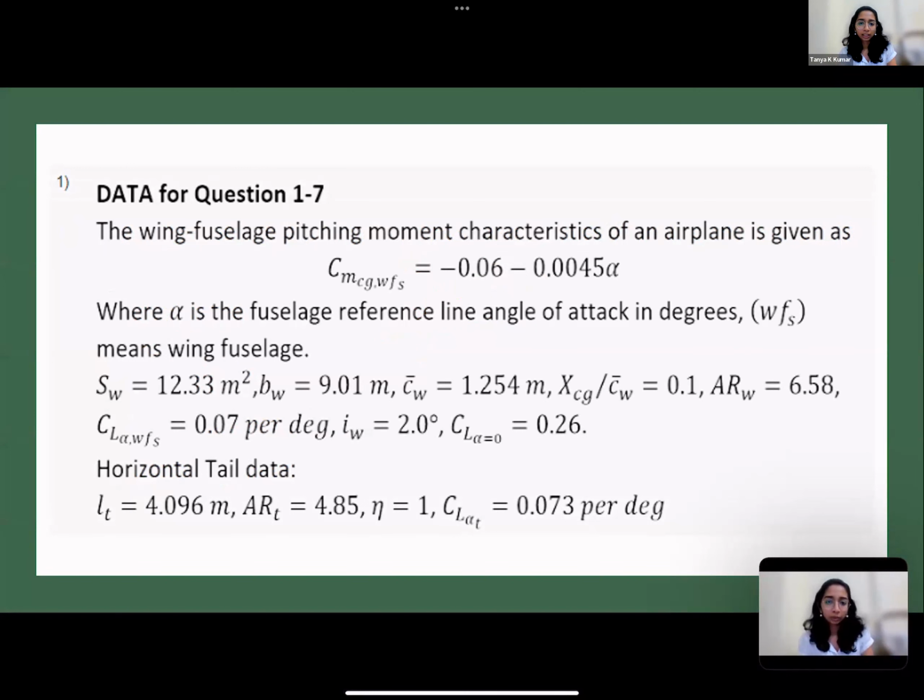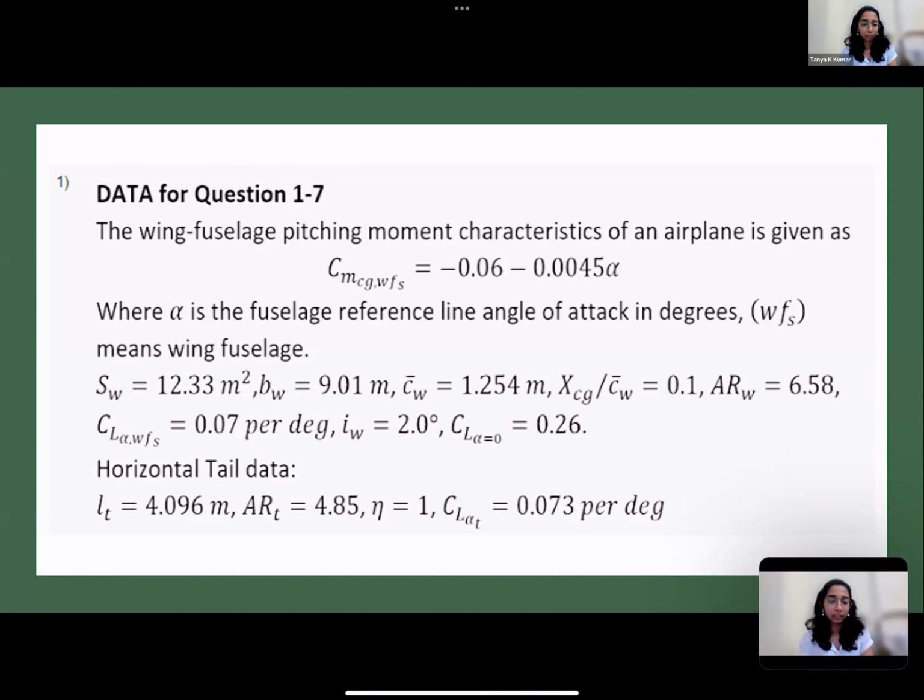The wing fuselage pitching moment characteristics of an airplane is given as minus 0.06, minus 0.0045 alpha, where the alpha of the fuselage reference line is in degrees, or the angle of attack is in degrees. WFS means wing fuselage, straightforward.